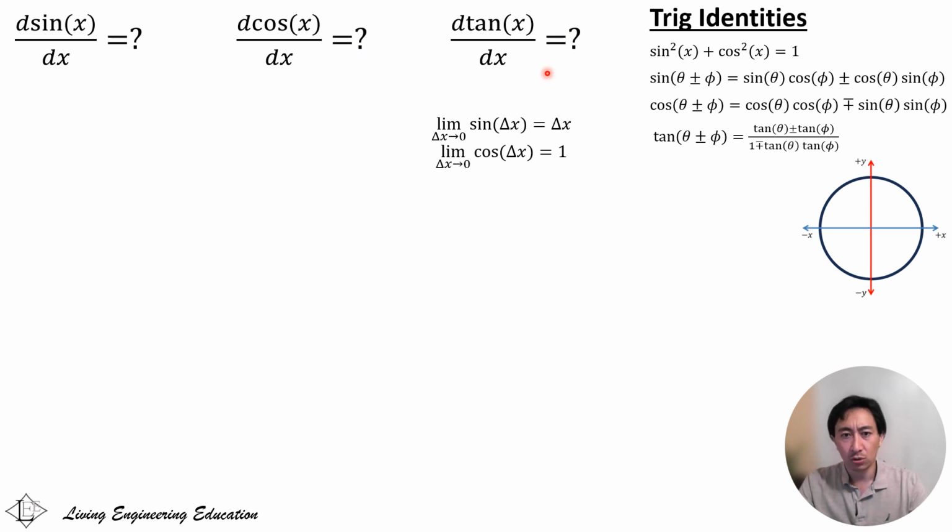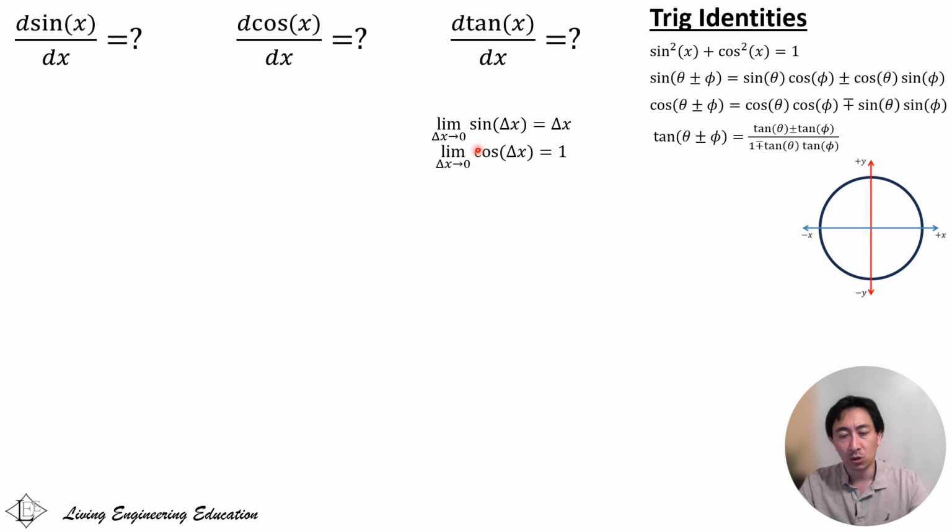In order to do it with the limit method, we do need to use some trig identities and recognize the limit's effect on sine and cosine. So what we're going to say is that we're going to take the limit of a function where delta x, right, so a small step size, is approaching 0.